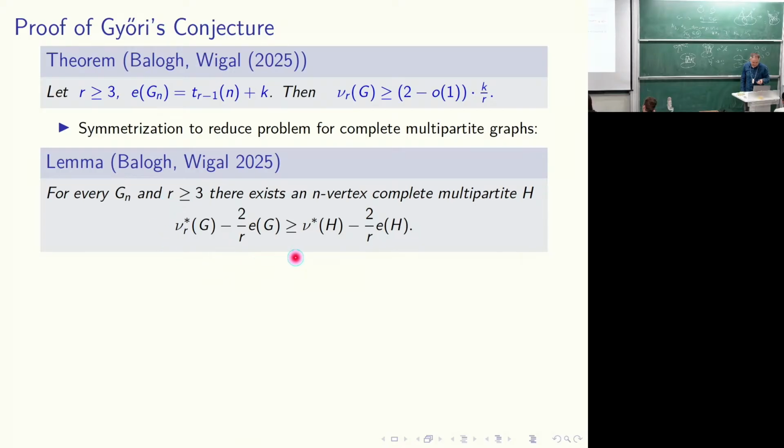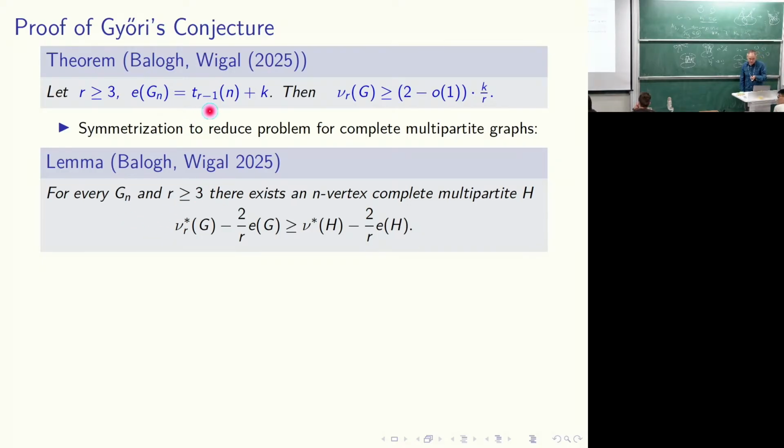It is the fractional number of pairwise edge disjoint K_r's minus 2 over r times the number of edges. This is the function that we want to optimize, and during symmetrization we want this function to get smaller and smaller.